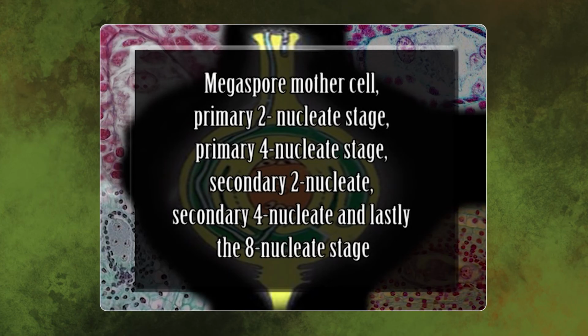In the former case, the secondary 4 nucleate stage is preceded by a secondary 4 nucleate one, and the subsequent sequence then is as follows: megaspore mother cell, primary 2 nucleate stage, primary 4 nucleate stage, secondary 2 nucleate stage, secondary 4 nucleate, and lastly the 8 nucleate stage.